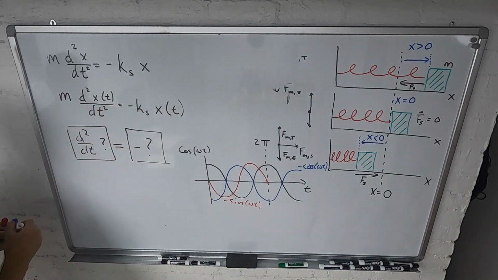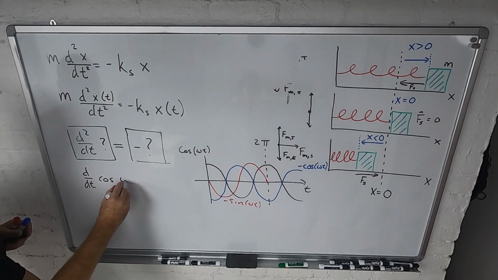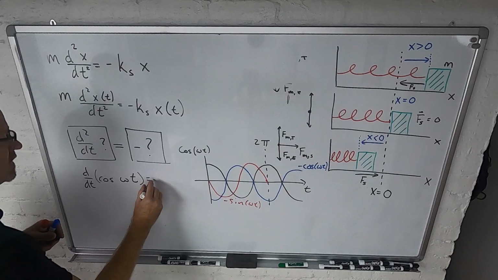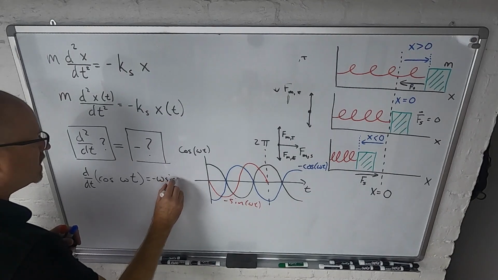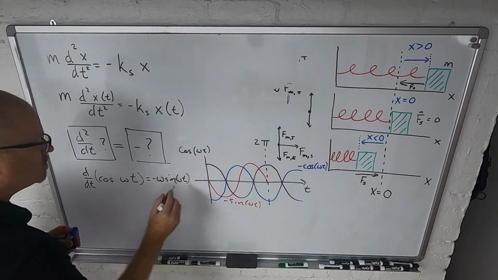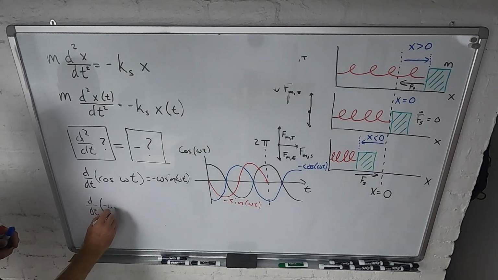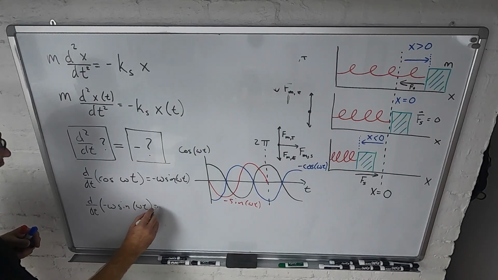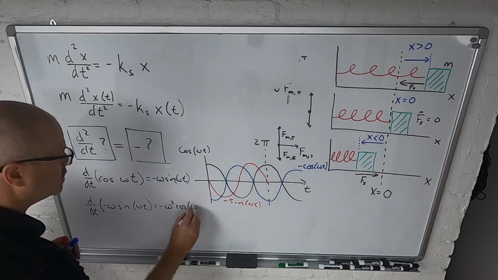I take a cosine function and take its derivative. d by dt of cosine omega t is equal to minus omega sine omega t. If I take this derivative, d by dt of minus omega sine omega t, I get minus omega squared cosine omega t.